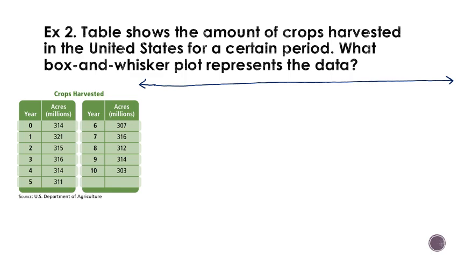So you're going to want to find the smallest. So the smallest number here is 303. Then your next smallest number is 307. Then your next smallest number is 311. And then you have 312 before that.